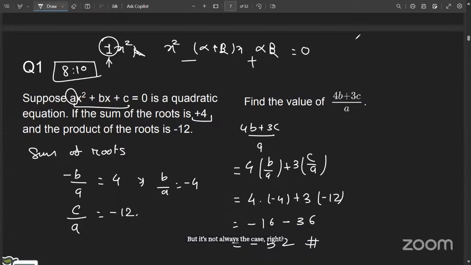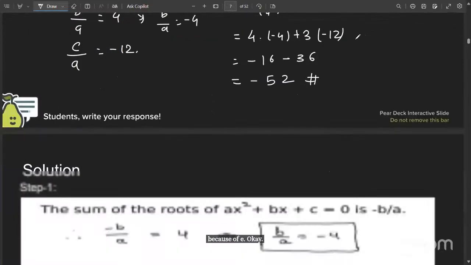The value of a can vary. That's why we cannot use the first method I told, that if you find the roots using these two formulas and then put them in, we still don't know the value of a. So that's why it's not working here, right? Okay, because of a.